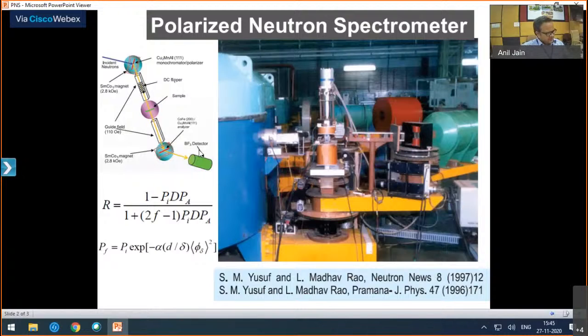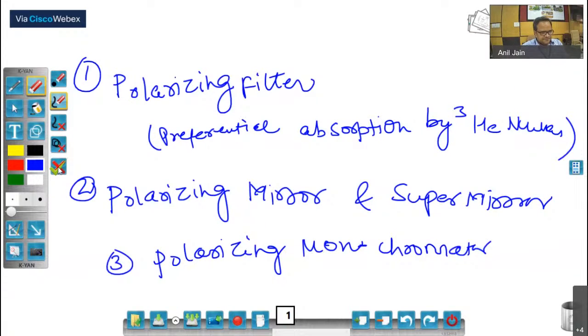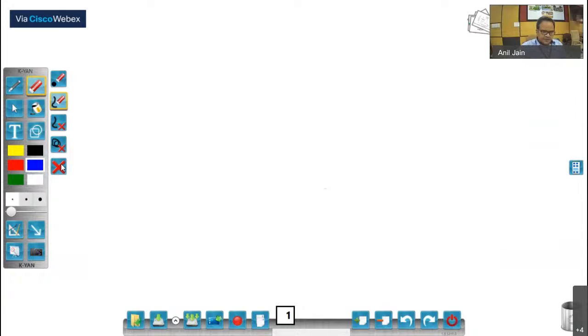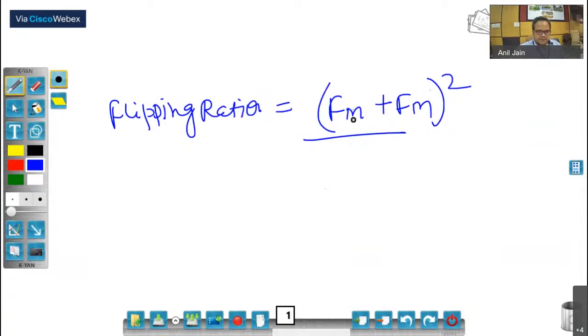What you do in those cases is you measure the flipping ratio by the up and down process, which is given by Fn plus Fm and Fn minus Fm, all squared.